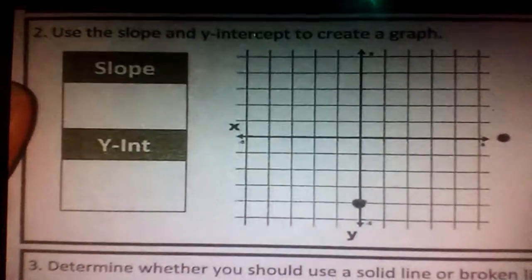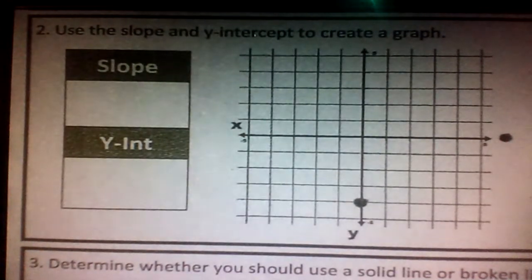I said do not draw your line because in an inequality, we now need to determine: should my line be solid or should it be dashed? Is that what they're calling it on here? Dashed? Broken, dashed, dotted. I don't care how you want to address it.